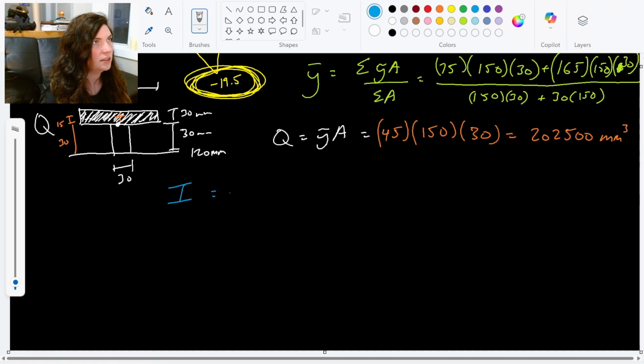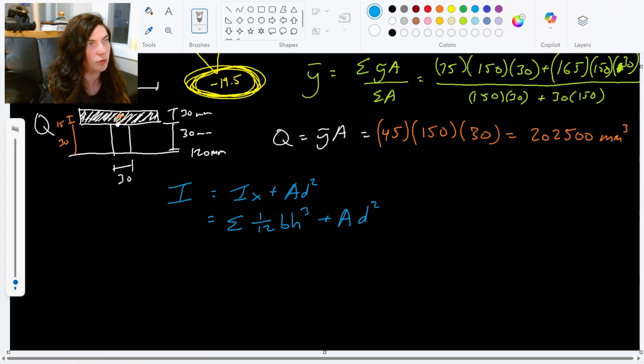I is our I plus AD squared. Right, for that whole area, it's two rectangles, so I know it's going to be the sum of 1/12 base times height cubed plus area times distance from centroid squared.